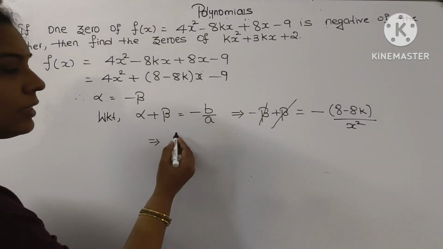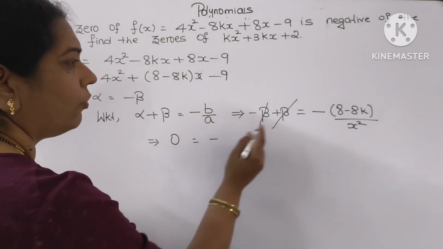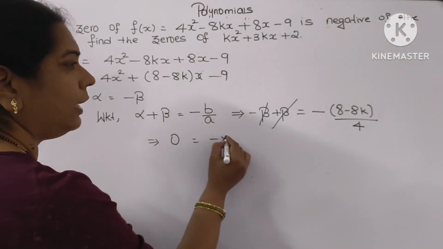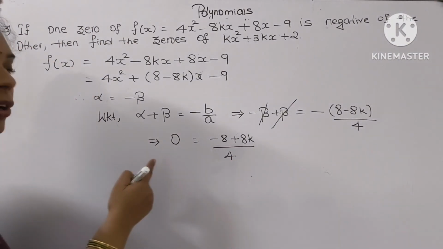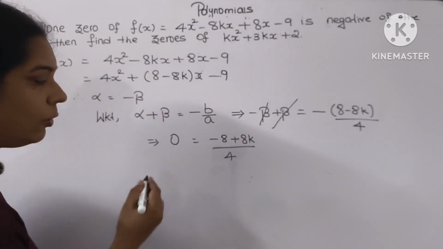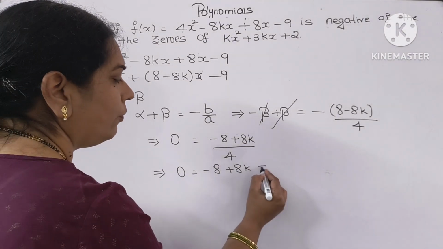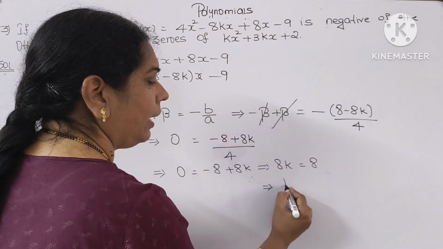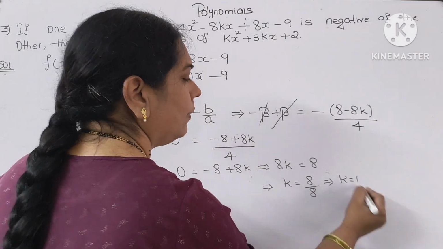So on the LHS I get 0. 0 is equal to minus of, sorry children, the coefficient of x² is 4, so minus (8 minus 8k) divided by 4. Now when you do the cross multiplication, 4 and 0 get multiplied. So basically we are left with 0 is equal to minus 8 plus 8k, which implies 8k is equal to 8. That implies k is equal to 8 by 8, which implies k equals 1.